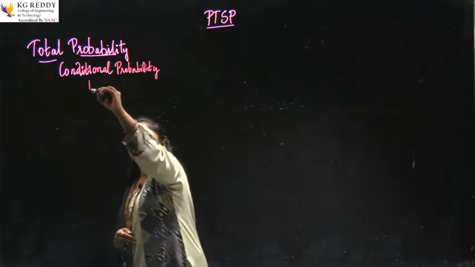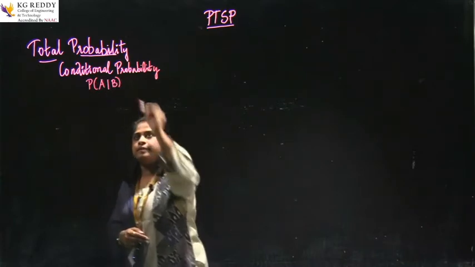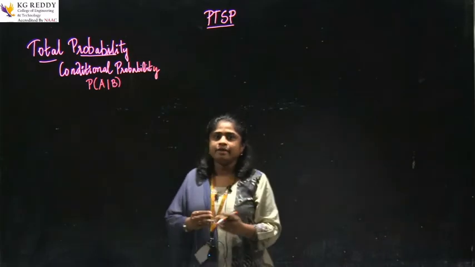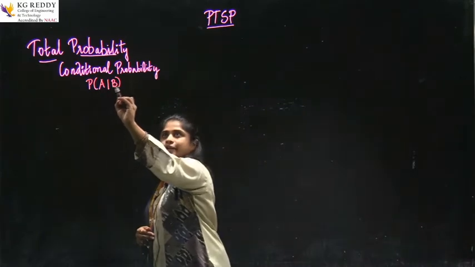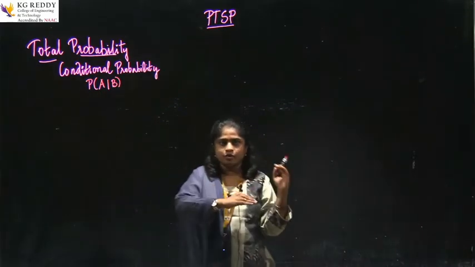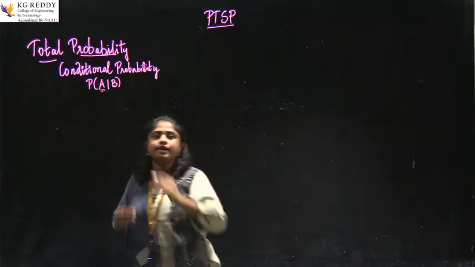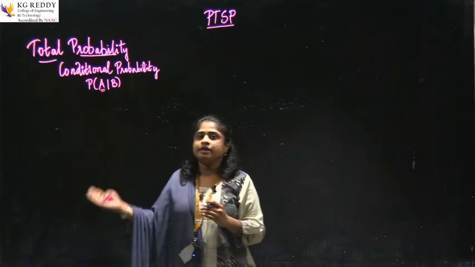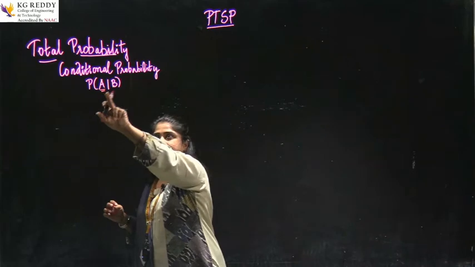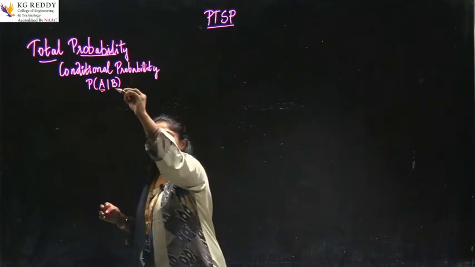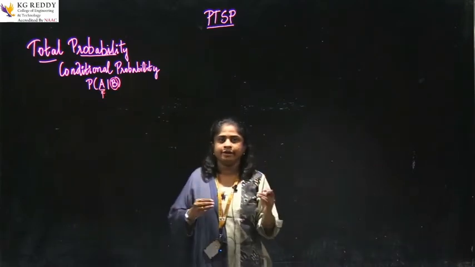Conditional probability, probability of A by B, is nothing but finding the probability of A given B. That means already B is given to us and we are finding out the probability of A. A and B are related events; after the completion of event B, then only the event A will take place.